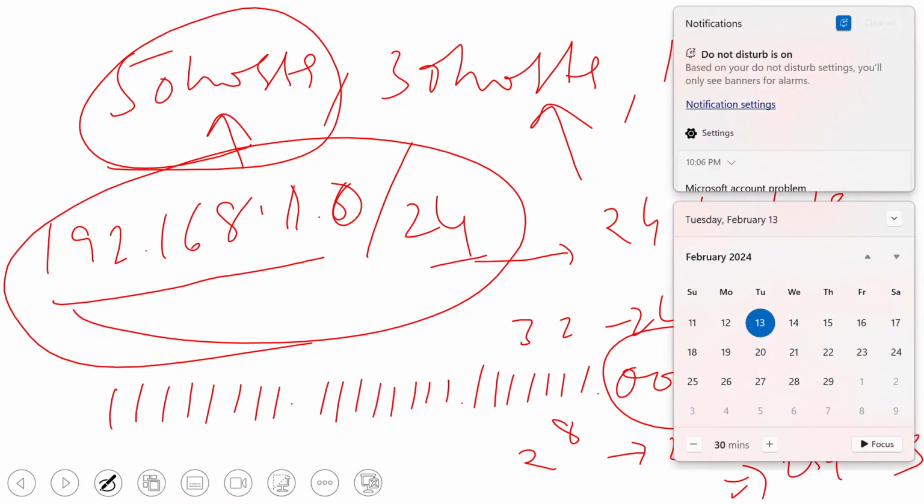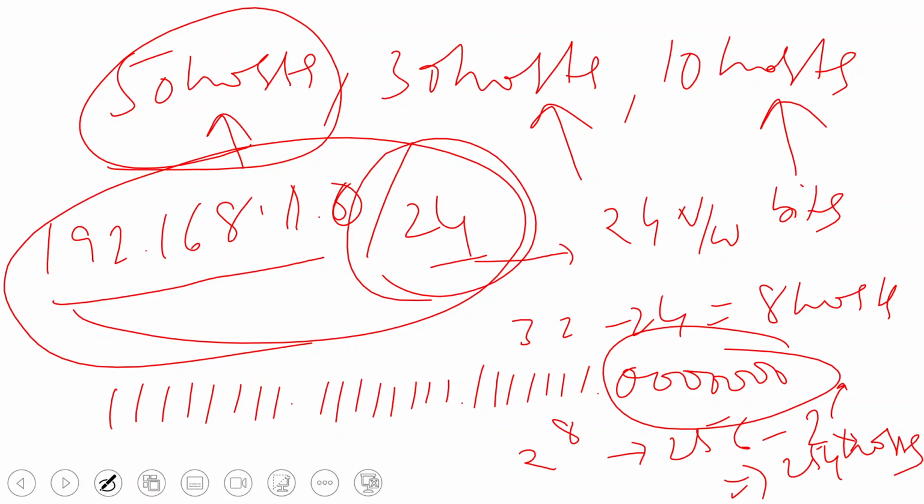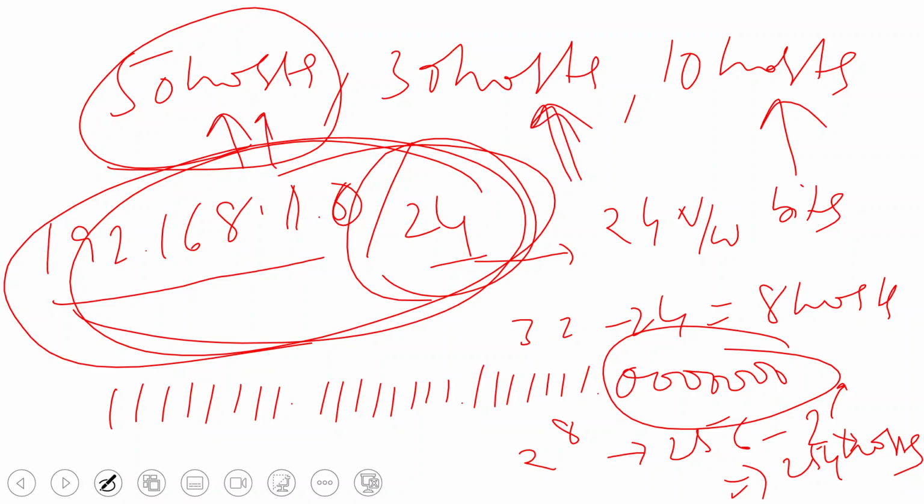My requirement is that these 254 hosts are under this subnet mask slash 24, but I want 3 subnets out of this IP address, where I keep 50 hosts in one network, 30 hosts in one network and 10 hosts in one network, so that I don't waste the IP addresses that I have. I can save some IP addresses. In future I may want another department, and for that I will want to provide some more IP addresses.